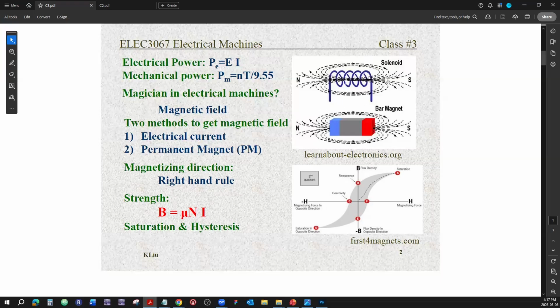Inside the coil, we're going to have another thing happening. Notice that those lines are going to travel from south to north inside, and outside they're going to go from north to south. They're going to try to find a way. Right? Now, of course, if we put, I'm going to get my board here.